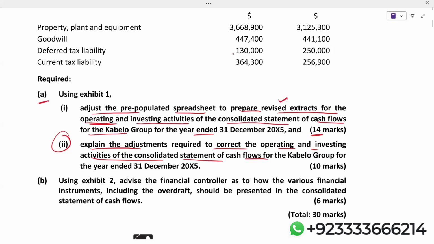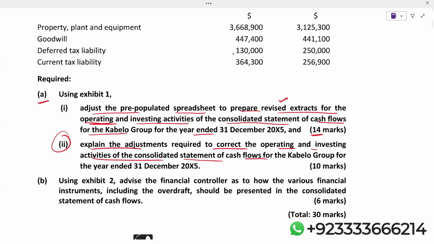Just an example, assuming we know a non-cash item, like let's talk about depreciation. We deduct depreciation while preparing the income statement, and that depreciation actually reduces your profit. But depreciation itself is not a cash outflow, it's just a non-cash item. So under operating activities, what do we do? We add back that non-cash item.